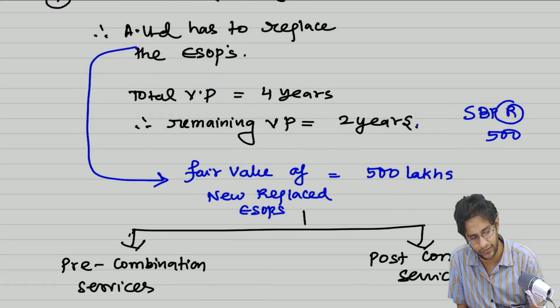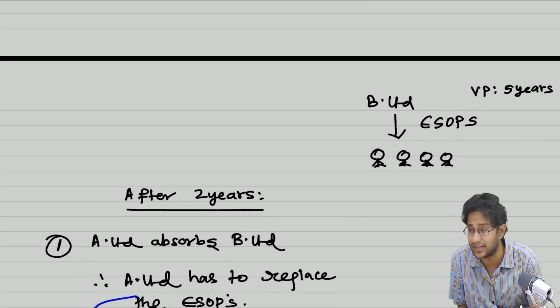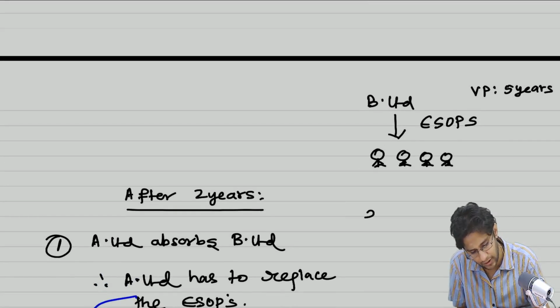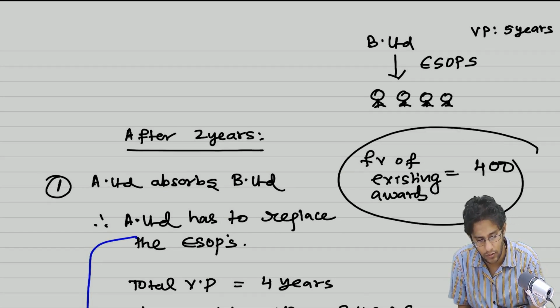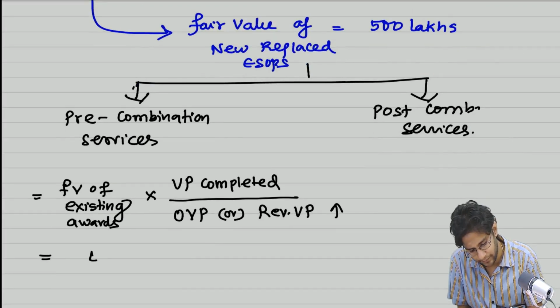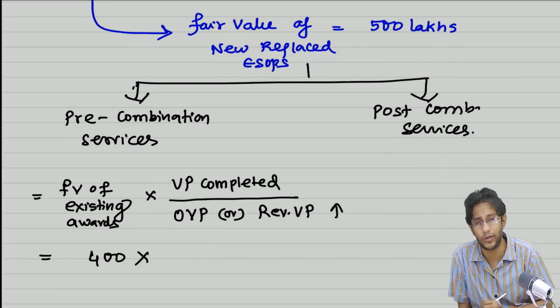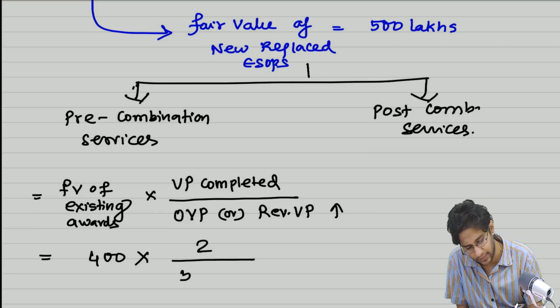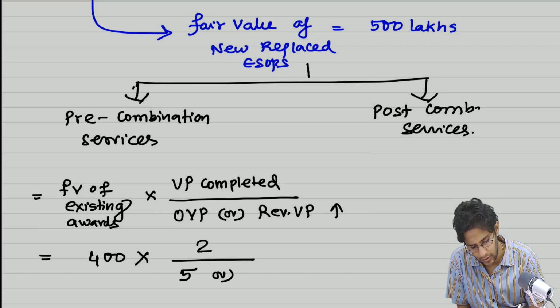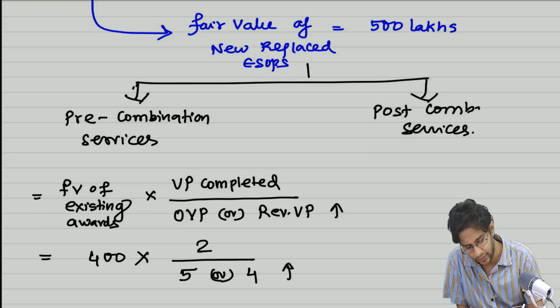This is the formula given. Fair value of existing awards, for example, these old awards which B has given to these employees once upon a time. Imagine that the fair value of existing awards is, let us say, 400. So this 400 into the period completed, 2 years, divided by the original vesting period, which is 5 years, or revised vesting period of 4 years, whichever is higher.